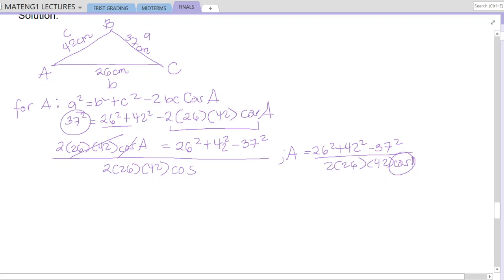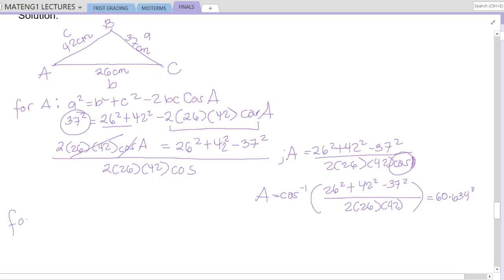So A there is equal to the inverse cosine, or arc cosine, of 26 squared plus 42 squared minus 37 squared, divided by 2 multiplied by 26 multiplied by 42. And the value of angle A is equal to 60.634 degrees.